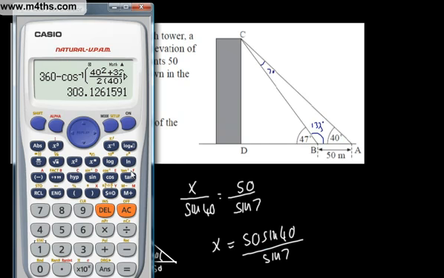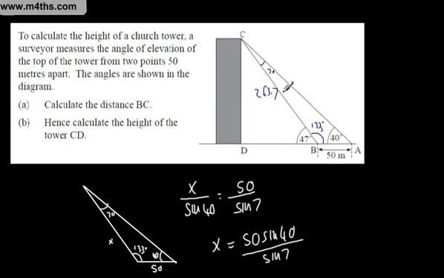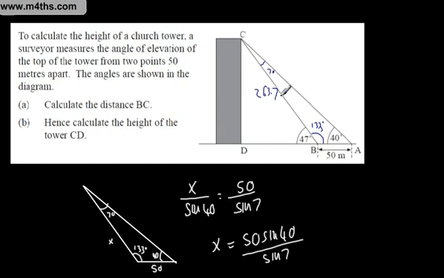So let's put that through the calculator. 50 sine 40, and that's over sine of 7 degrees. 263.71. So that distance is 263.71, or we'll put it as 263.7. Put whatever level of accuracy they ask for. If they ask for 4 significant figures, 263.7, and that's going to be metres.